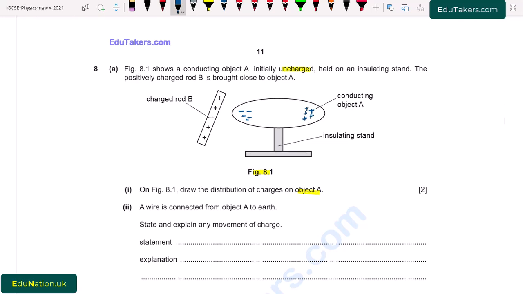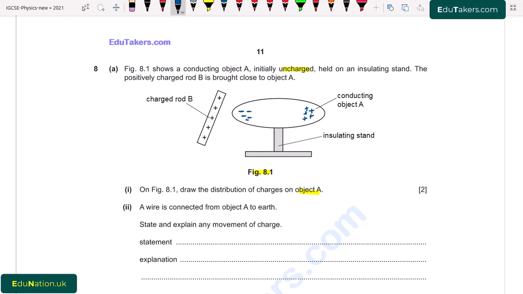Because we know that the same charges repel each other and opposite charges attract each other. This rod is brought close to the conducting object A, which means that it is attracting the object A. That's why the negative charges show on this face while the opposite charge is shown on the opposite side.